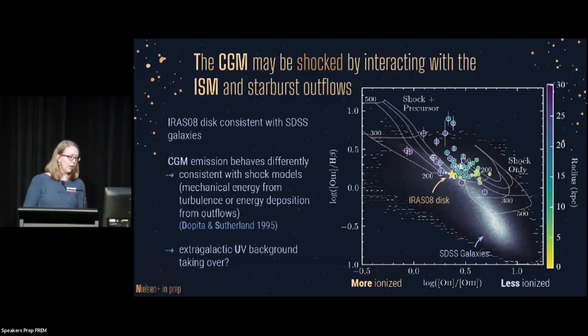And so again, the IRSO-8 disk is consistent with the SDSS galaxies on this O3 to H beta versus O2 to O3 plot. But the CGM points, the circles, again, sit off of the galaxies, and they are more consistent with shock models. It's also possible that the extragalactic UV background starts taking over the further and further away from the galaxy you are, so the galaxy becomes less important in ionizing the gas.